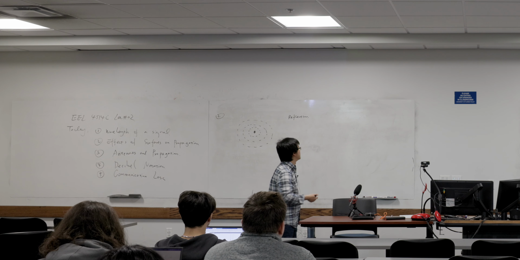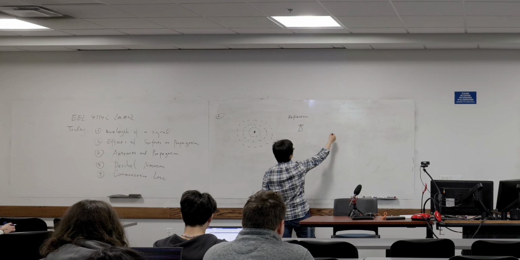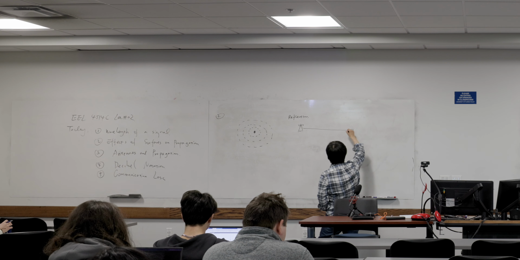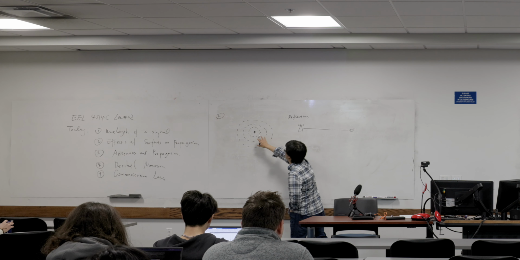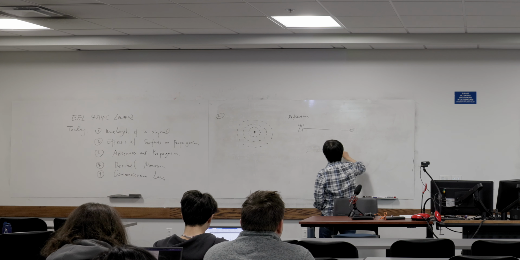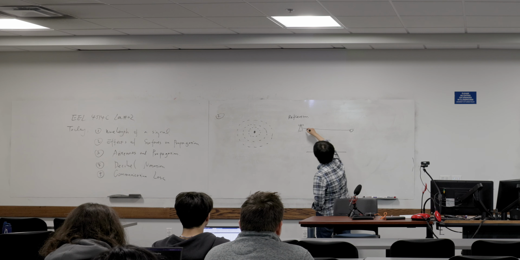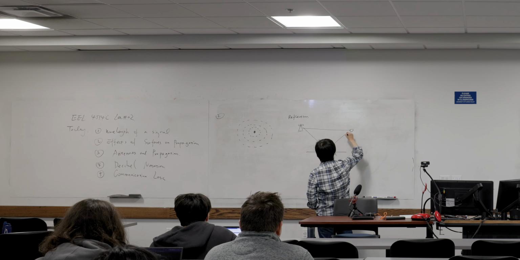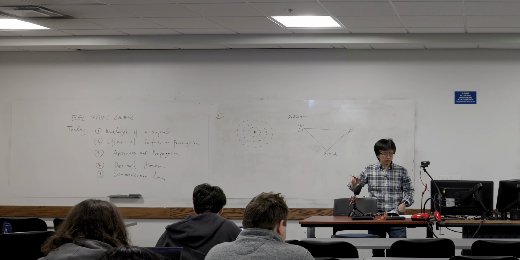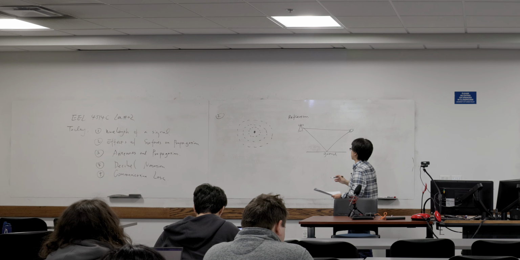Reflection means that if I have a transmitter here and you have a receiver here, then we're definitely going to have a direct path, because the transmission is omnidirectional. And then if here is a ground with a relatively smooth surface, we are going to have a wave that looks like this. So this is a reflection. This happens when the features of the surface are larger compared to the wavelength.